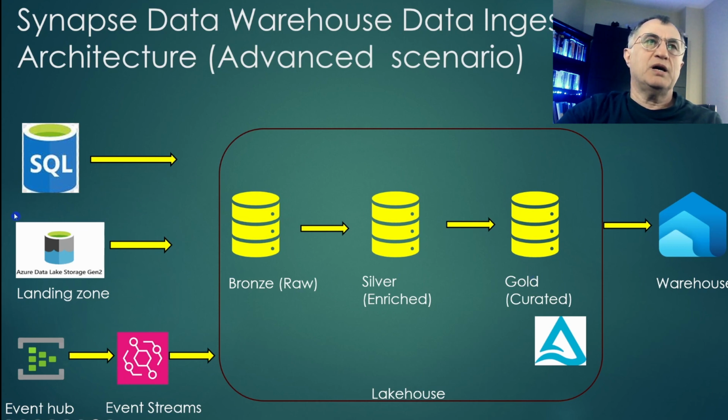And then you can have a landing zone in addition to these three zones, which will collect your source files in the original shape. And then all this data can be consumed into lakehouse tables using the Spark engine. And once it's ingested and transformed within lakehouse, this data can be consumed into warehouse.